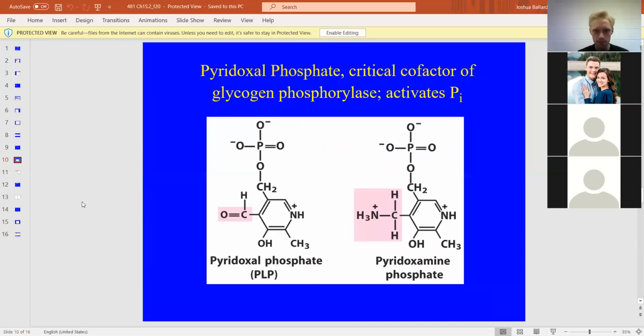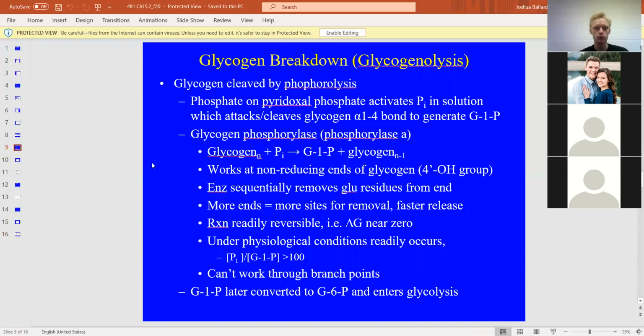Okay, well, let's go on. Glycogen phosphorylase. So we have glycogen, and we have these phosphate groups here. The phosphate on the pyridoxal phosphate activates a phosphate in the solution, which attacks and then cleaves the glycogen alpha-1,4 bond to generate glucose 1-phosphate. And so we have that right here.